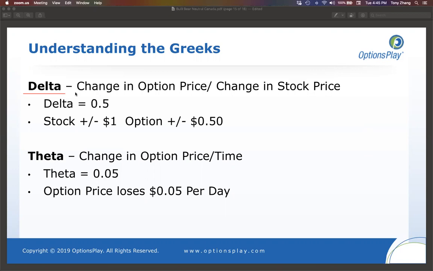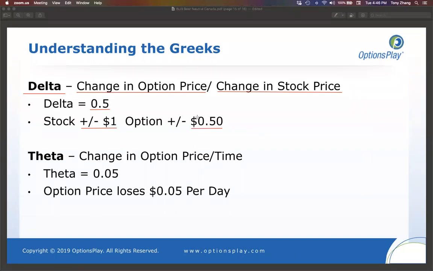Delta tells us the change in the price of the option with respect to the change in the stock price. When we have a dollar for dollar exposure, that means you have a delta of 1, meaning for every $1 it goes up, you make $1, and every $1 it moves down, you lose $1. So when an option has a delta of 0.5, that means for every $1 the stock moves up or down, the option will move half as much, so 50 cents.